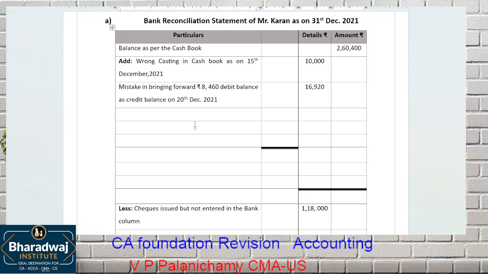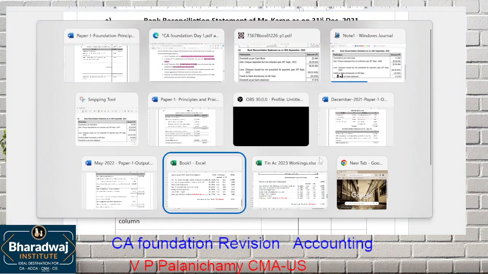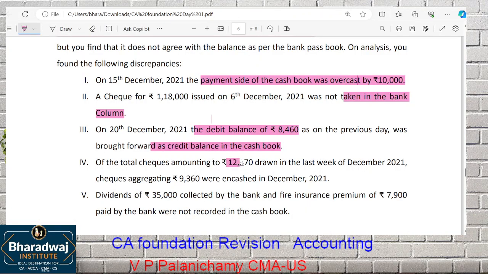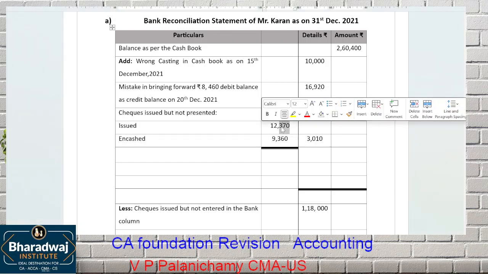What is the next one? Of the total checks of 12,370 drawn in the last week, checks aggregating 9,360 only were encashed. So what are the checks drawn? 12,370.